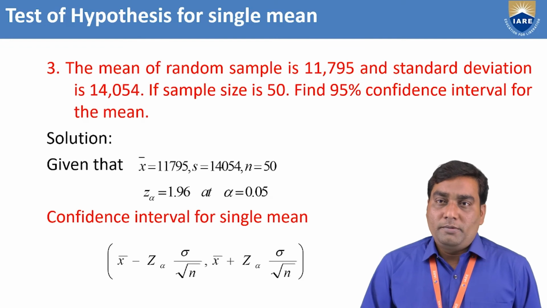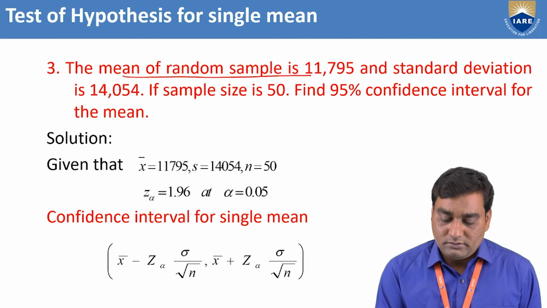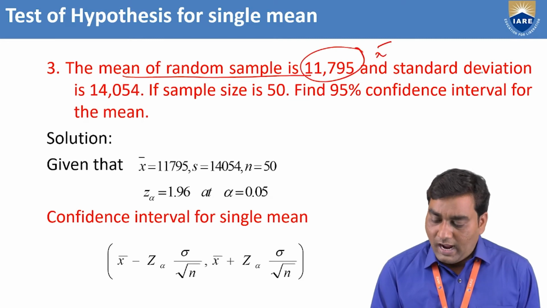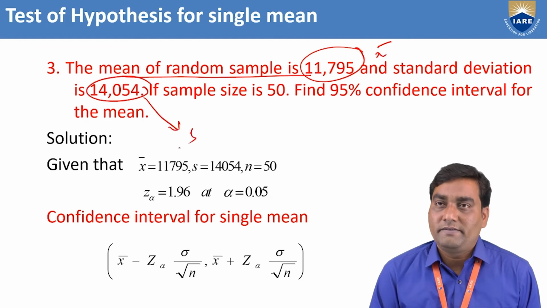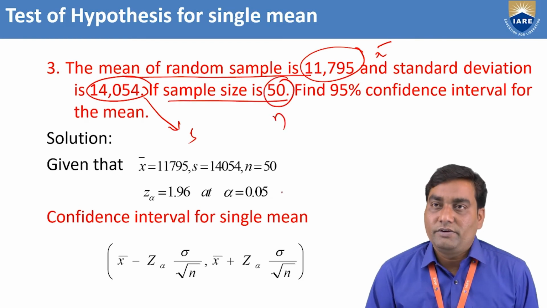Now the third problem. Here the mean of a random sample, directly the sample, is given. The mean of the random sample, that means this is x bar. And the sample SD, s, is also given. Sample size n is given as 50.